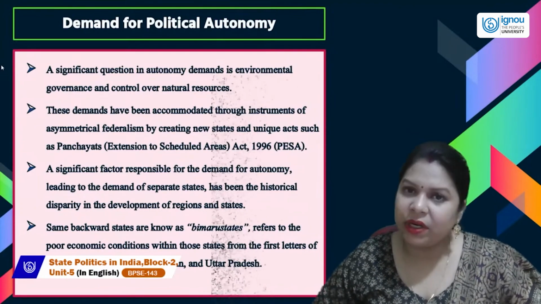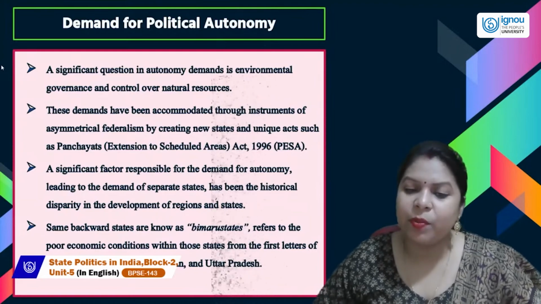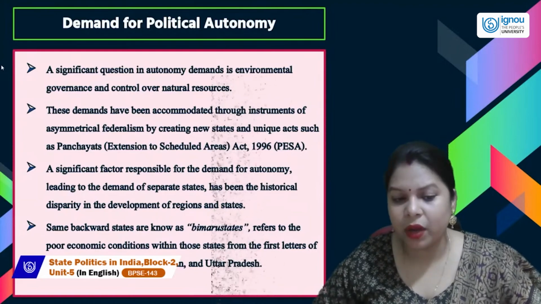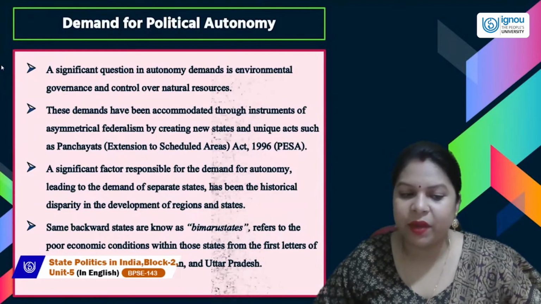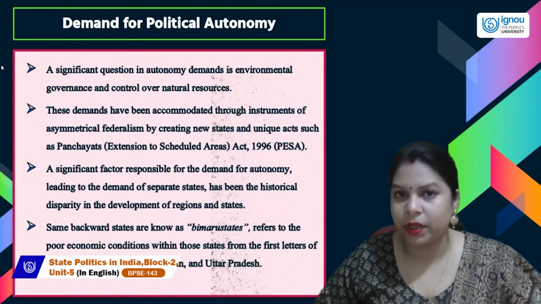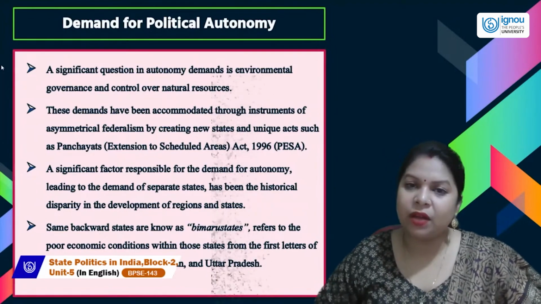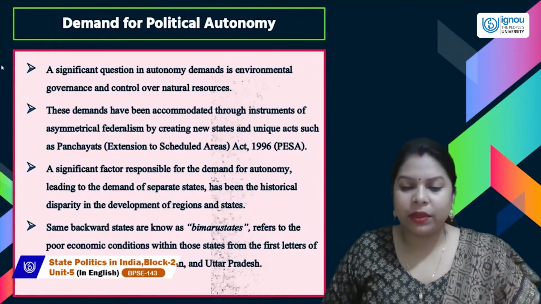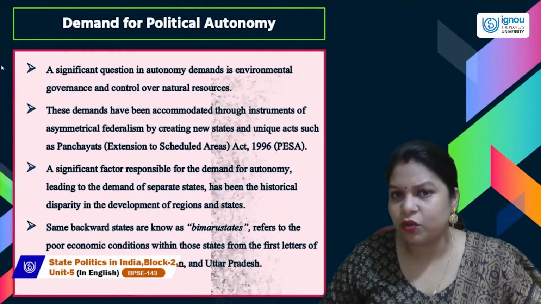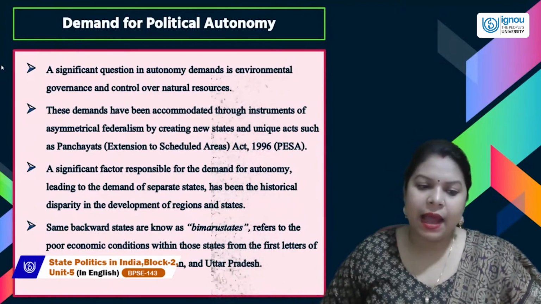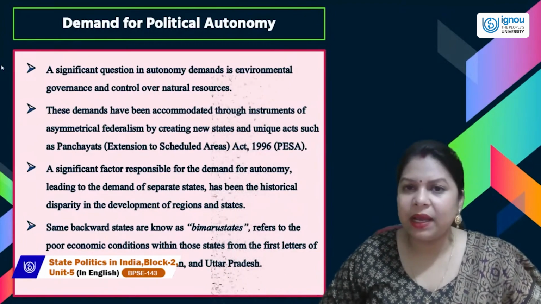Some backward states are known as Bimaru states, a term referring to the poor economic conditions within those states, from the first letters of Bihar, Madhya Pradesh, Rajasthan, and Uttar Pradesh. The Bimaru states wanted more equality in the resources shared by the center, as they were very economically weak.